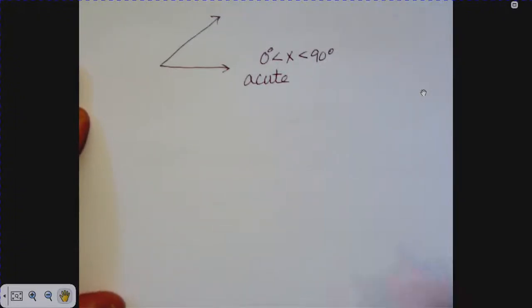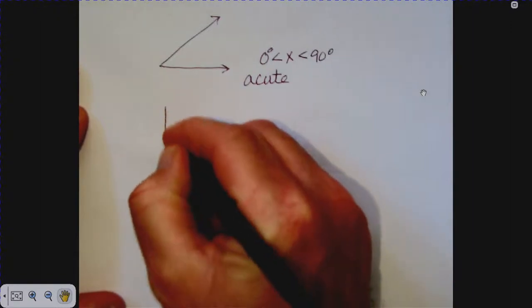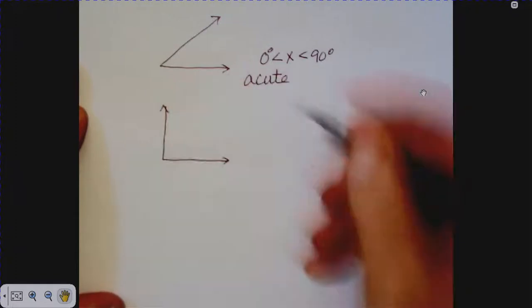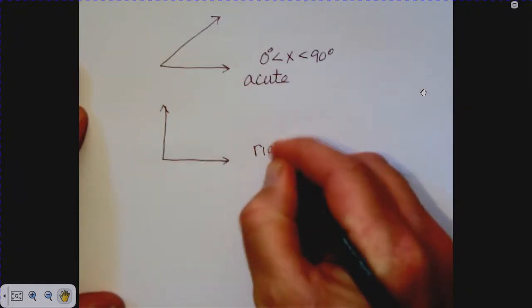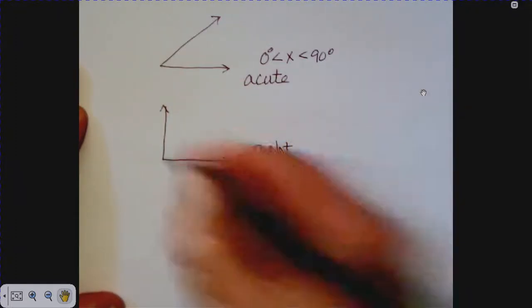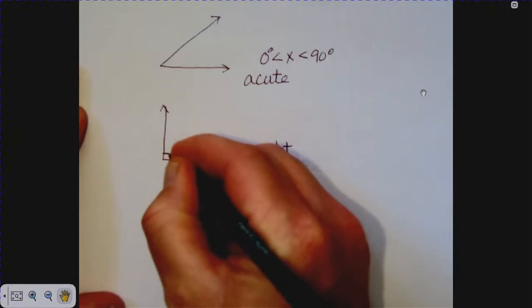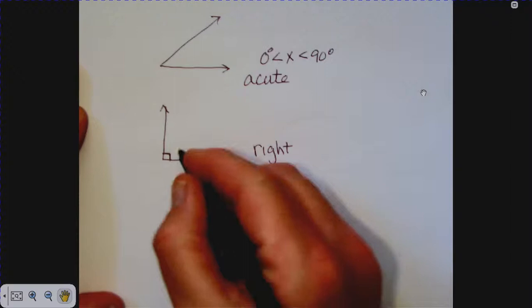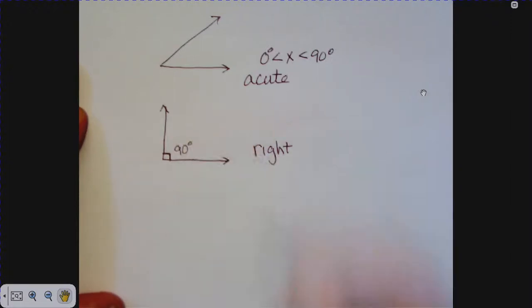If we have an angle that is exactly 90 degrees, we call that a right angle. We usually put this little box here to indicate that this is 90 degrees.